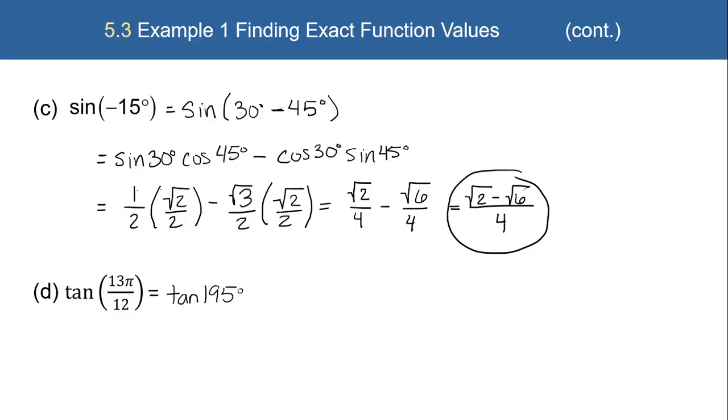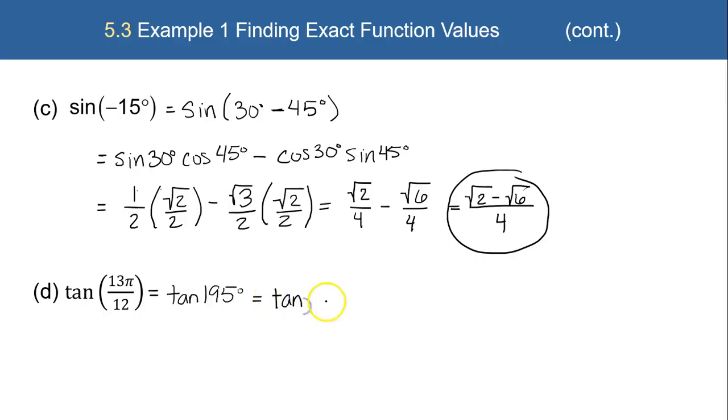So in this case, what I would tell you to do is find the reference angle to angle measurement 195. When you do that, that is in the third quadrant, so its reference angle would be 15 degrees because you're going to be subtracting 180 degrees from it.